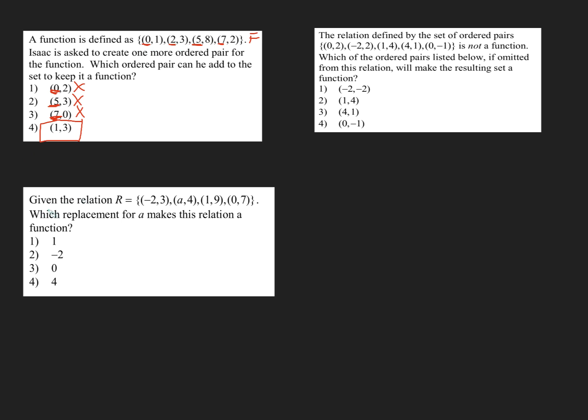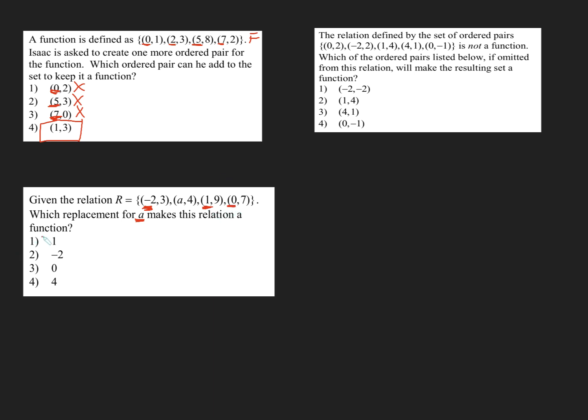Number 2, given the relation R: (-2, 3), (A, 4), (1, 9), and (0, 7), which replacement for A? So we need to replace A and make this relation a function. So we need to make this a function, which means A cannot be a -2, it cannot be a 1, and it cannot be a 0.